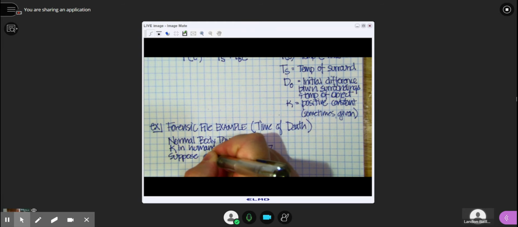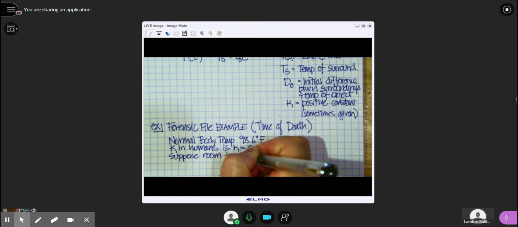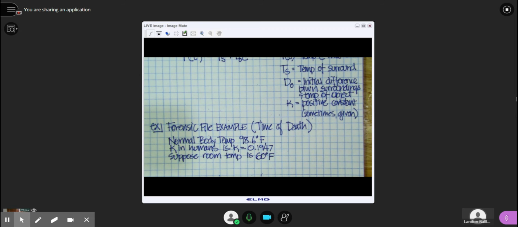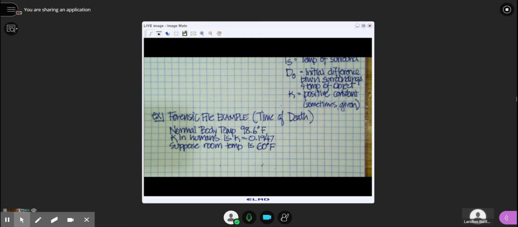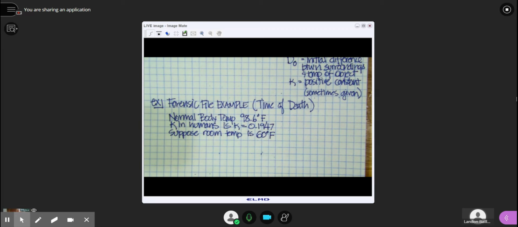Suppose room temp for this given room is 60 degrees Fahrenheit. So without giving you a long drawn out story, here are the three pieces of information that we've been able to pull.